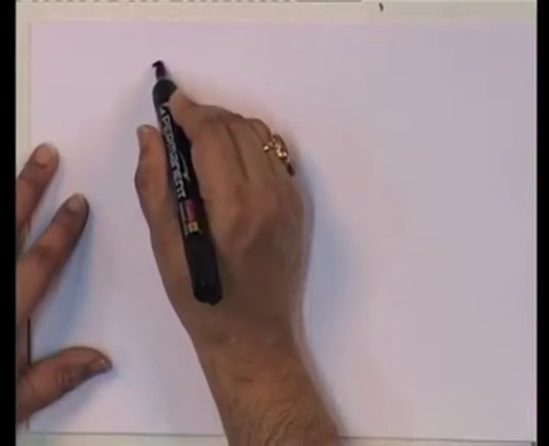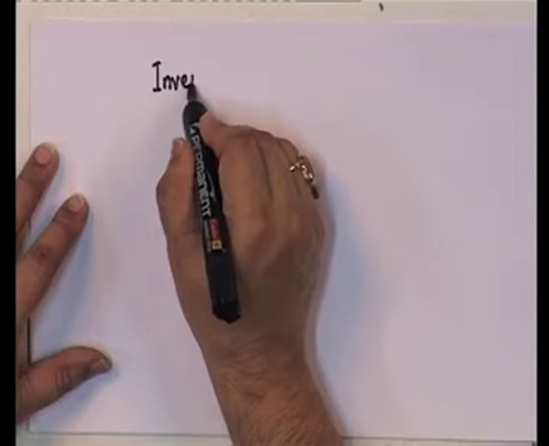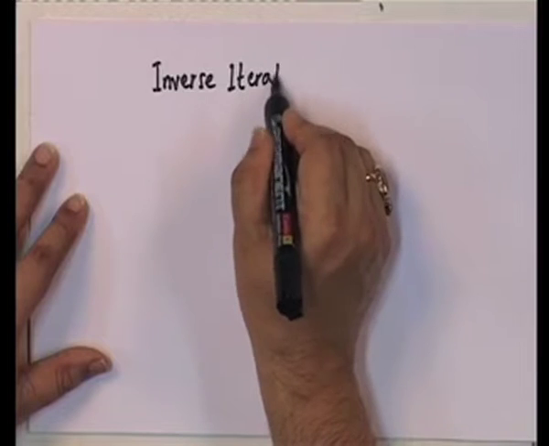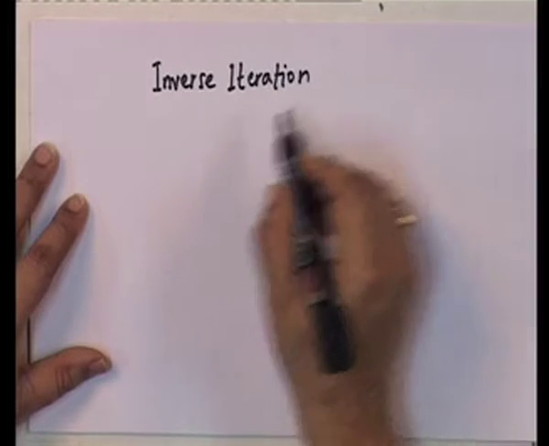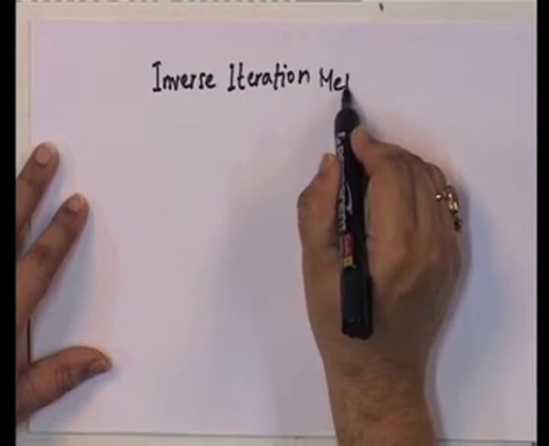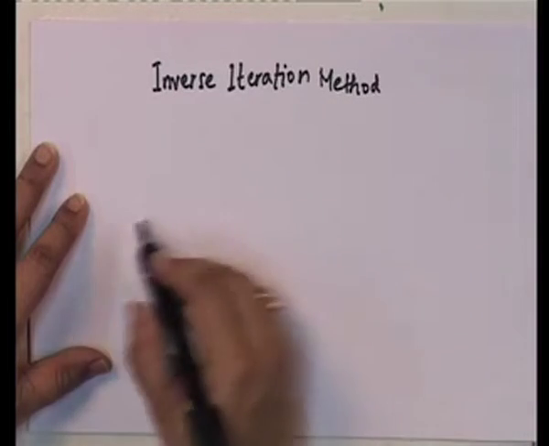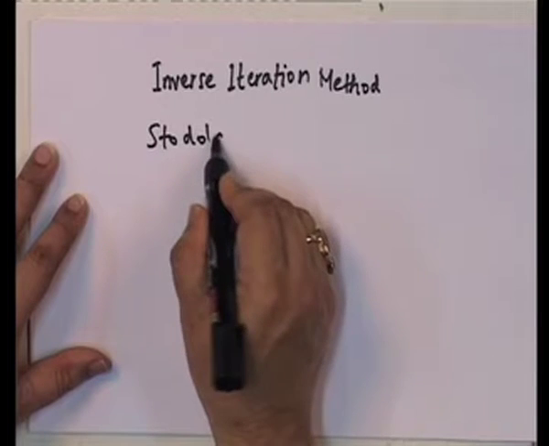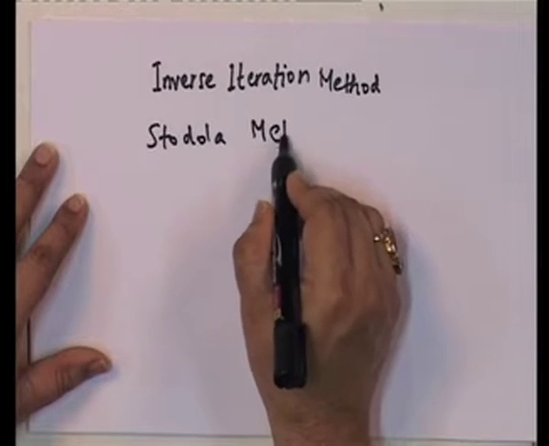And this method is either called the inverse iteration method, or, to give its old name, the Stodola method.